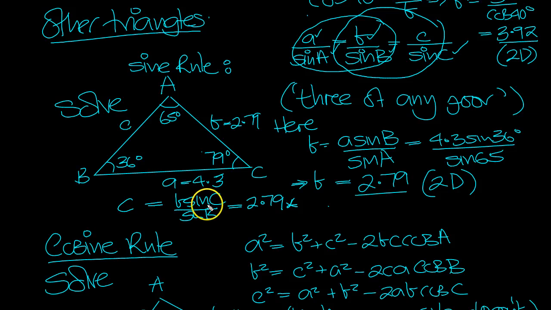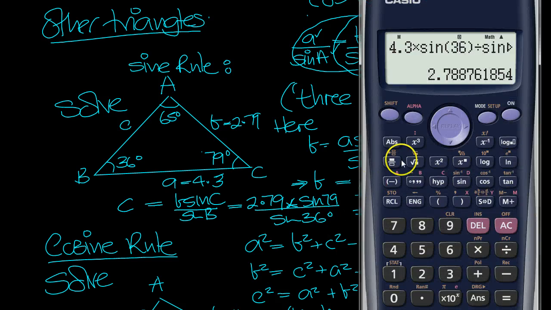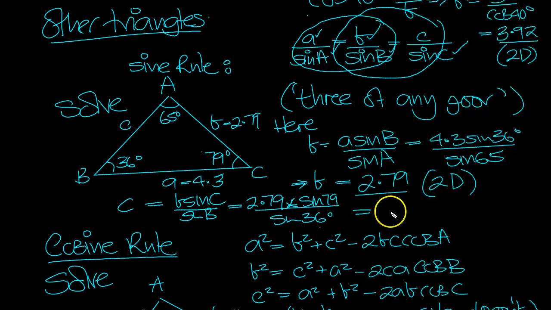Times sine C, sine 79, divided by sine of B, which is sine 36. So let's work out C then. There's the 2.79 more accurately. Times that by sine of 79, and then divide that by sine of 36. And that's the accurate result, 4.66. 4.66, and that was to 2 decimal places.